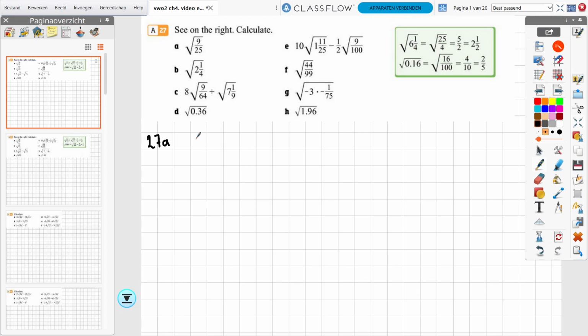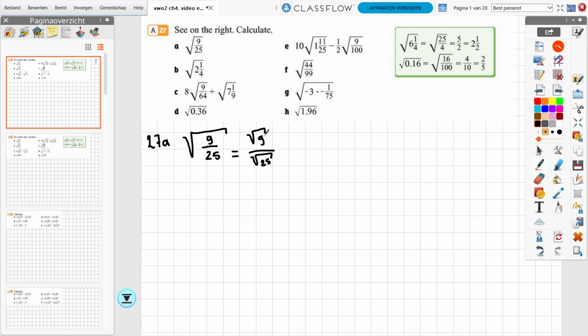over and over again. For example, if I have the root of 9 over 25, I want you to remember that this is exactly the same as the root of 9 over the root of 25. And they're only going to give you examples where you then get roots which you can nicely calculate.